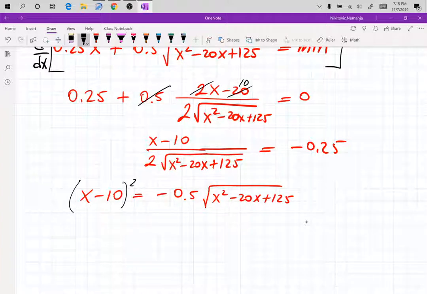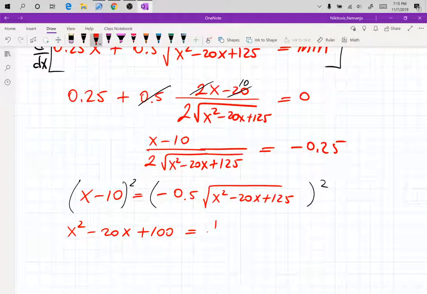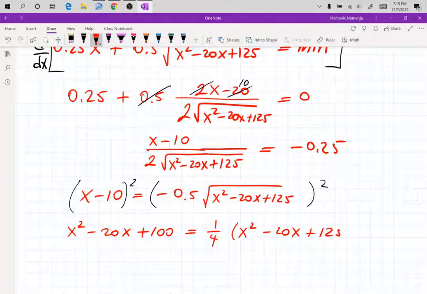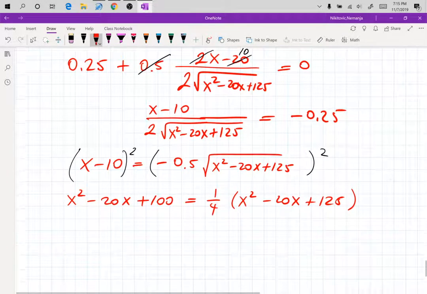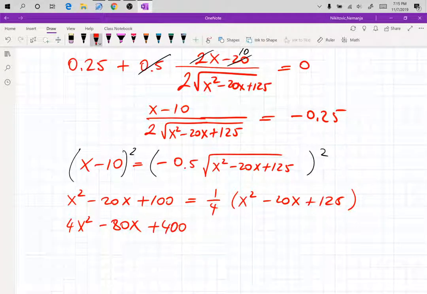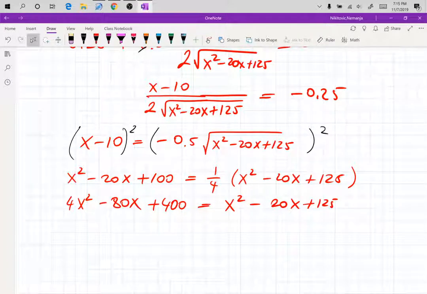So you get x squared minus 20x plus 100 is equal to a quarter times x squared minus 20x plus 125. You multiply 4 into the left side, you get 4x squared minus 80x plus 400 equals x squared minus 20x plus 125. Move all of these to the left.